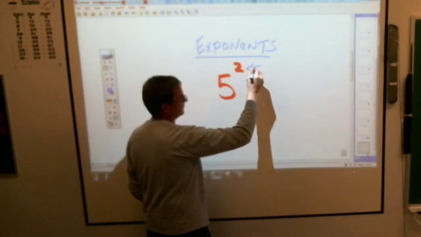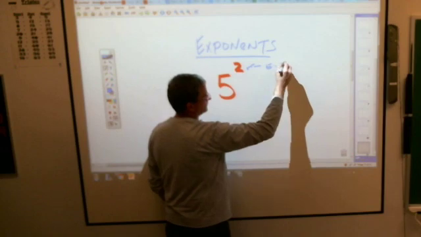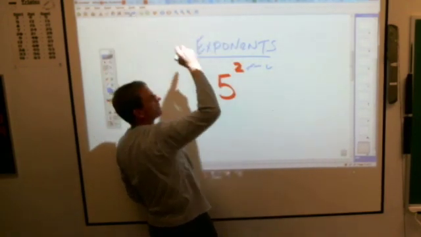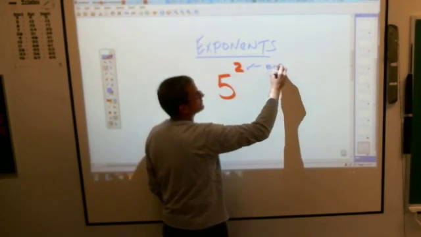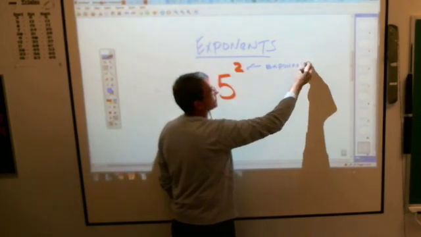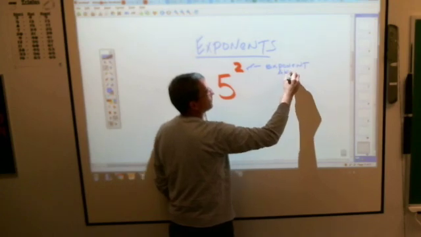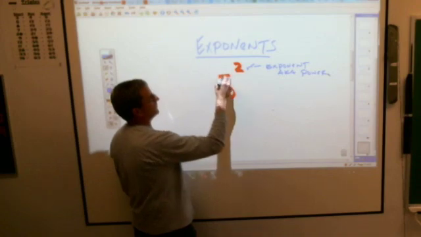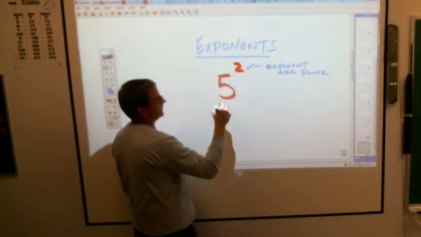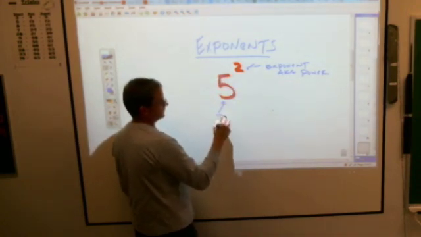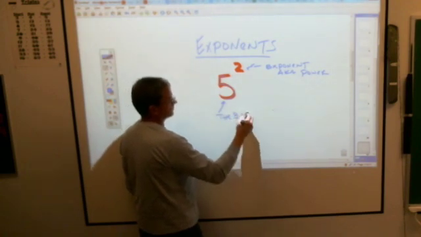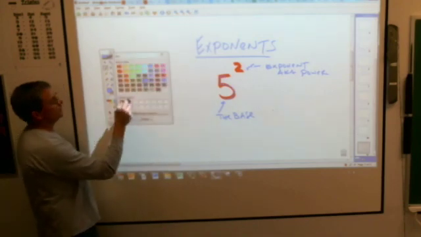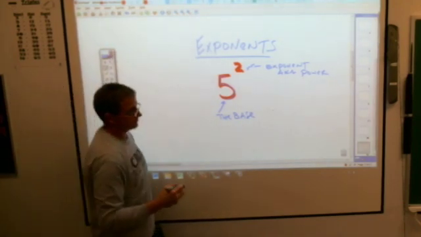This little guy up here is the exponent. Which is also called the power. We've got the power. And this number right here is called the base. And what we need to know about this is this.